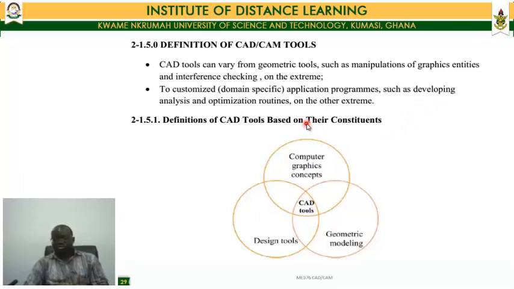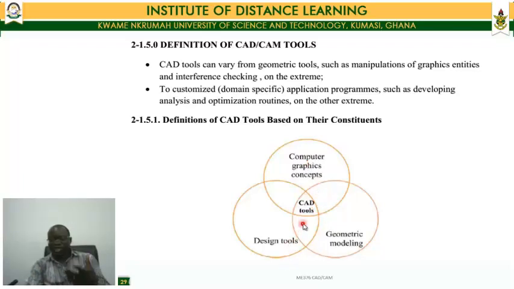So the question is, if you take a typical CAD software or CAD tool, what do you see as the constituent? What constitutes a CAD tool? Now, for a CAD tool, you will basically see a CAD software made up of some design tools, and then you will have to have it heavily supported by what we call computer graphic concepts.